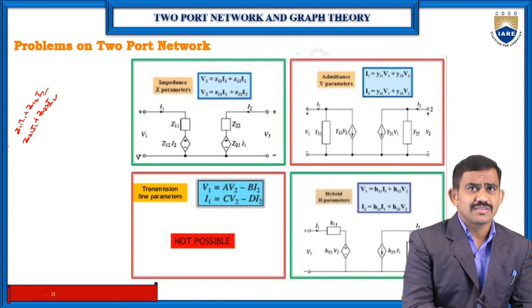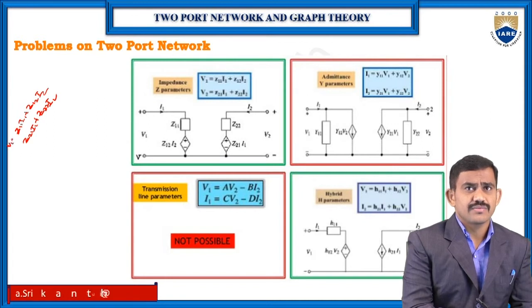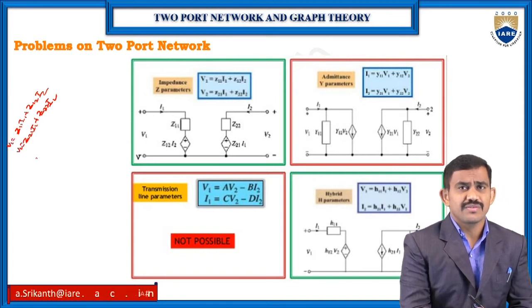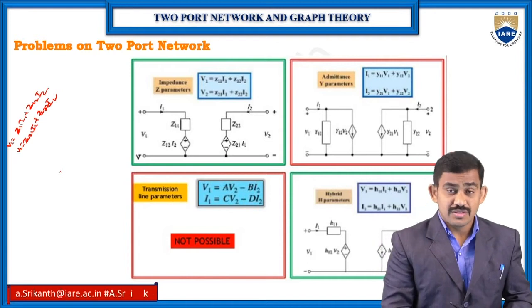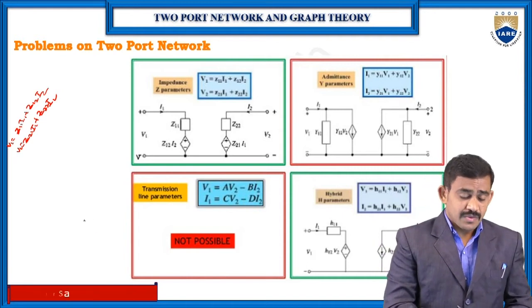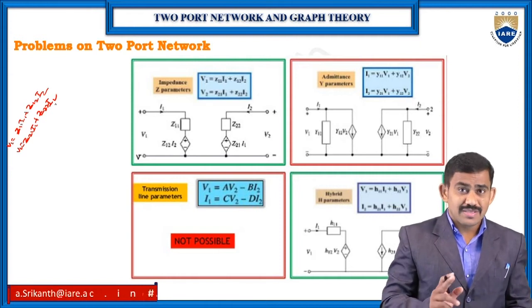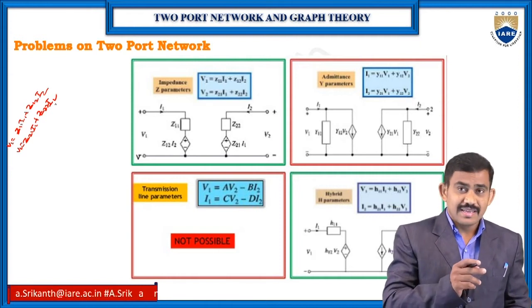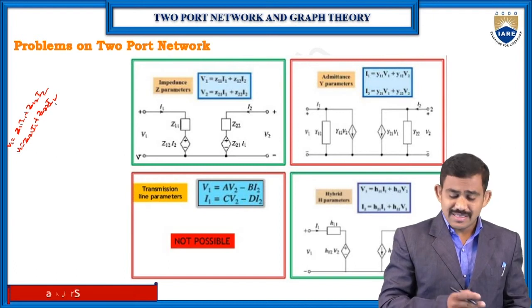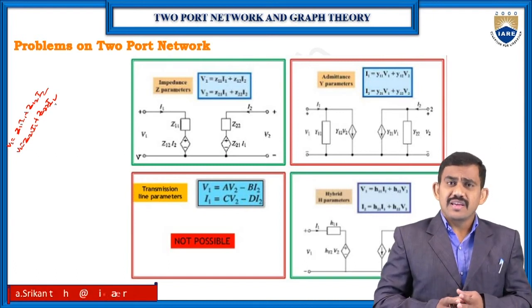So these are the equations: V1 and V2 in form of I1 and I2. Now for Z parameters, what is the equivalent circuit? Y parameters, what is the equivalent circuit? And ABCD parameters, what is the equivalent circuit, as well as H parameters, what is the equivalent circuit?